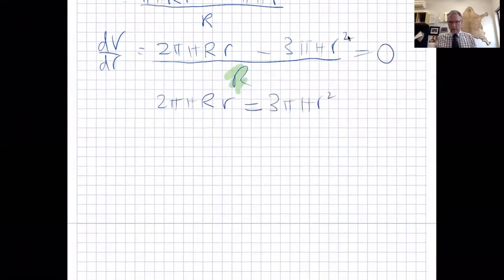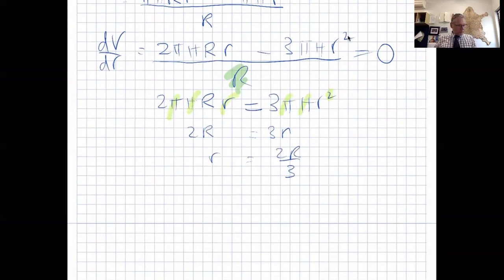So a bit of cancelling out can occur. You can see the H's cancel, the pi's cancel, one of the r's is cancelled out. So what we're left with is 2R is equal to 3r, and then r is equal to 2R over 3. So we've got that far.